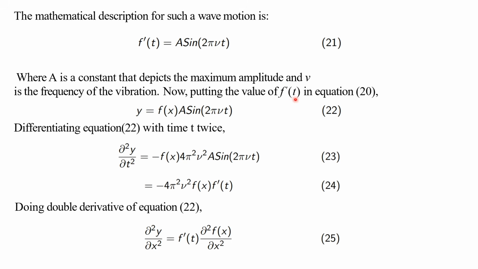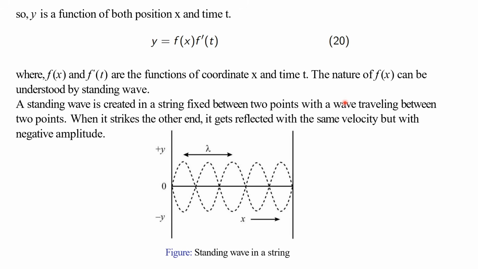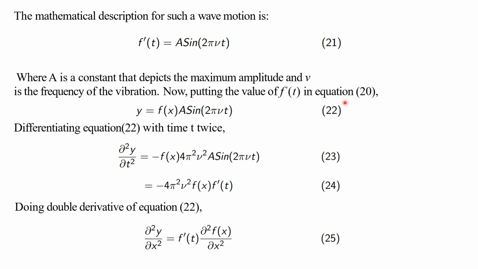Now putting the value of f'(t) in equation 20. If we substitute the value of f'(t) here, we get y is f(x) a sine 2 pi nu t. Now if we differentiate this equation with respect to time t twice, we get this expression. This is equation 24.